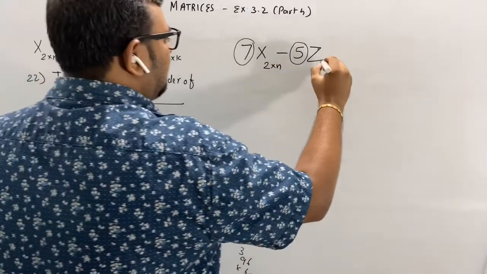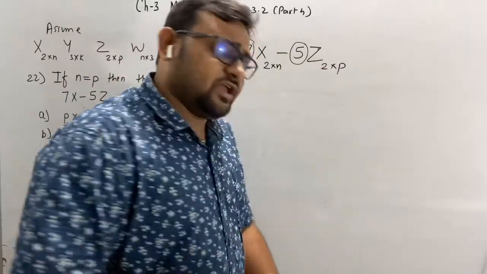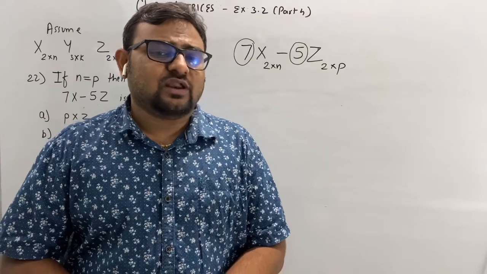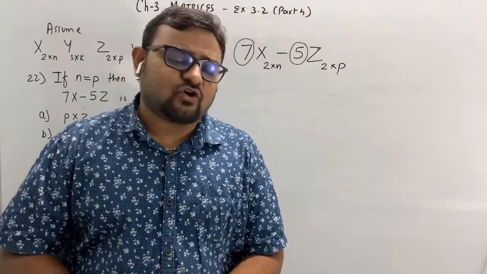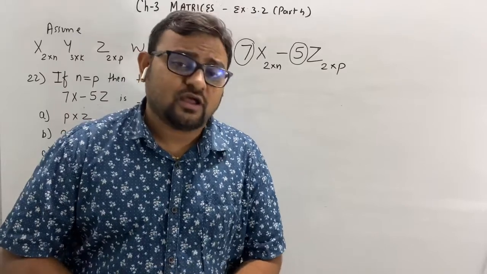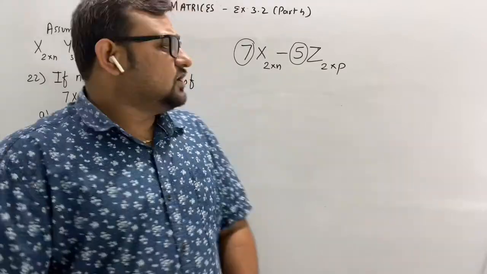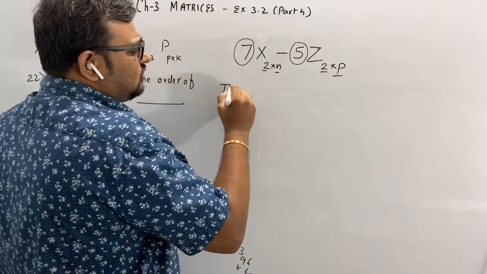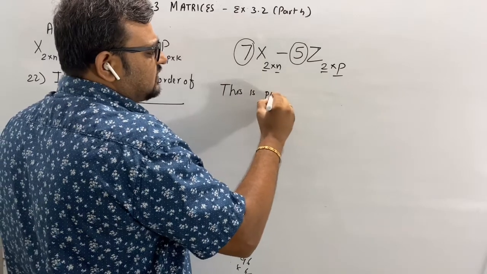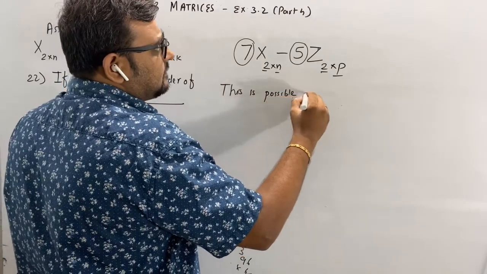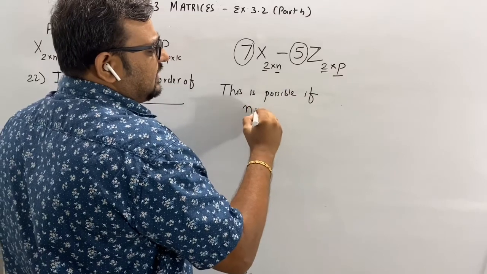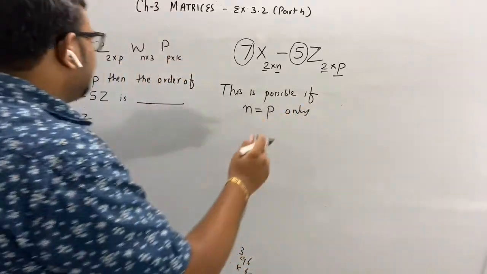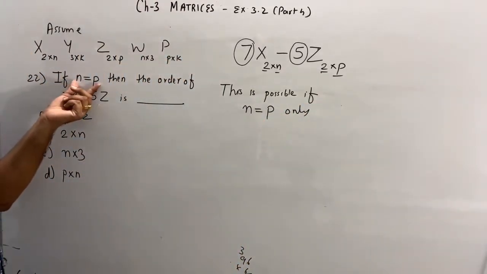What is the order of Z? Okay, so what is the property? When can two matrices be added or subtracted? Only when the number of rows and number of columns in both the matrices are same, or the order in both the matrices is same. So number of rows are same, number of columns must be same. So this is possible if n is equal to p only. Okay, and this is given in the question that n is equal to p, right?